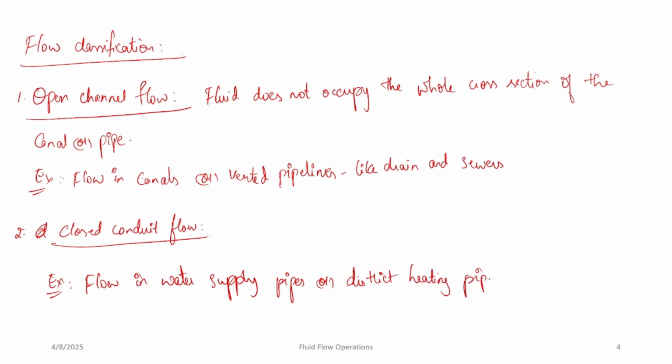These are the examples of closed conduit flow. So let's first understand open channel flows, then we'll go to closed conduit flows.